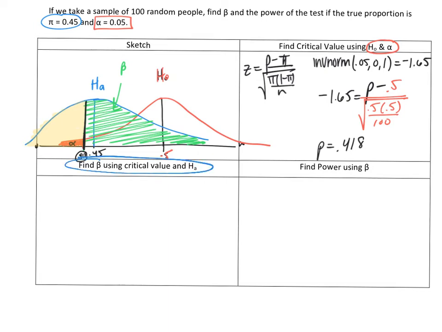And I want to find beta. That's what it tells me. Find beta. Well, beta is that green area over here. Okay. And I'm just going to write a probability statement. Beta is the probability of p, any p value, being greater than that 0.418.